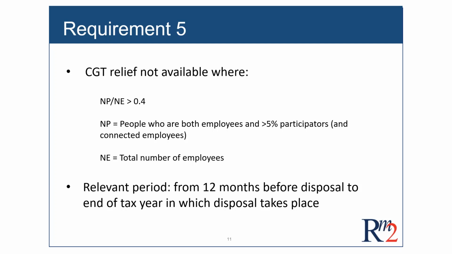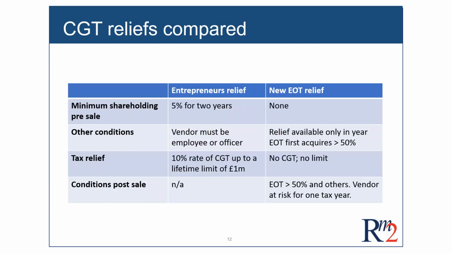Most of the requirements are permanent, but this requirement is time constrained. So it's 12 months before the transaction and then until the end of the tax year following the transaction, after which point you can forget about it.